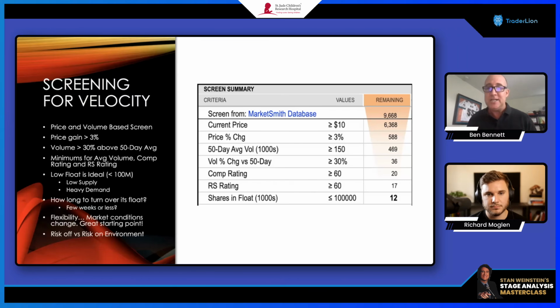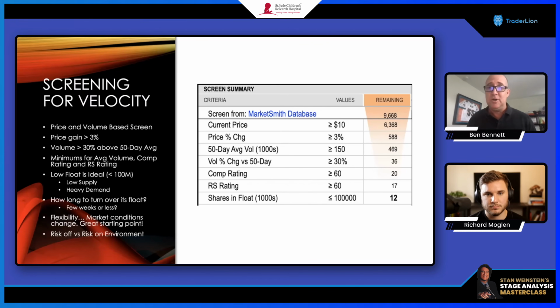But float on its own doesn't usually tell you the whole story. You really have to dig in a little bit, compare that to the volume, and then ask yourself, how long is it taking, over days or weeks? How long is that stock taking to turn over its float? What that tells me is the magnitude of a potential move on a breakout.